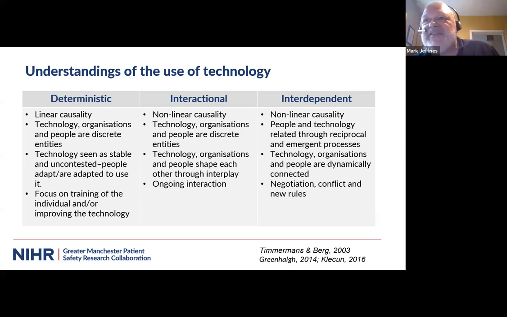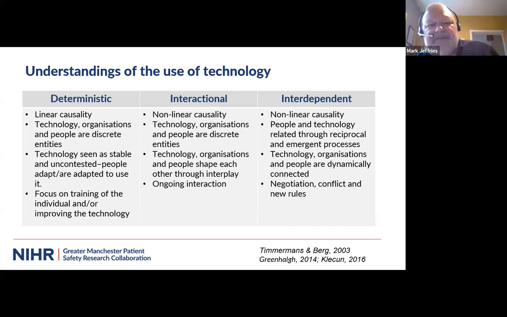It's a viewpoint that says technology is stable, technology is okay, we just improve the technology. If it doesn't work, we either change it or adapt it, and we focus on the training of the individual. So we fix the technology, we fix the people. It's always going to be a linear process of bringing technology in, either adapting it or changing it, or adapting the people.